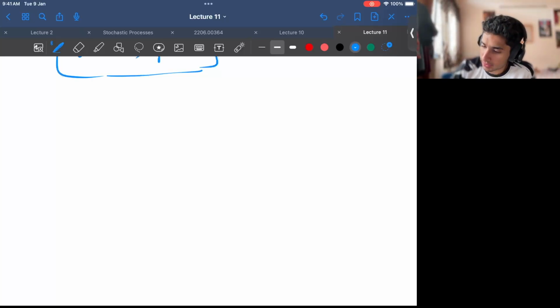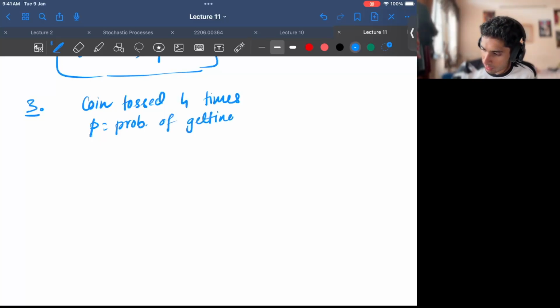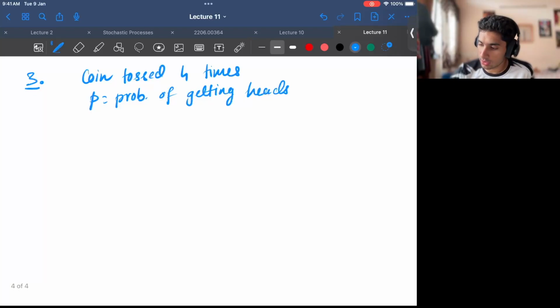Okay, so this is the third question. There's a coin tossed four times, right? And P, sorry, not beta, P is the probability of getting heads in each toss.